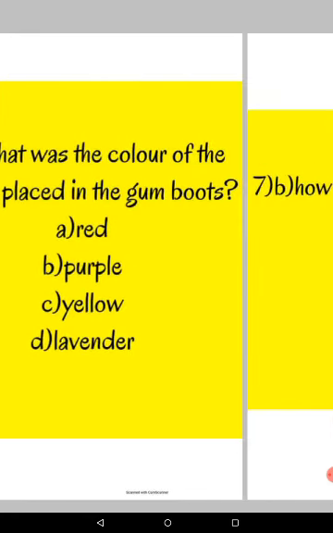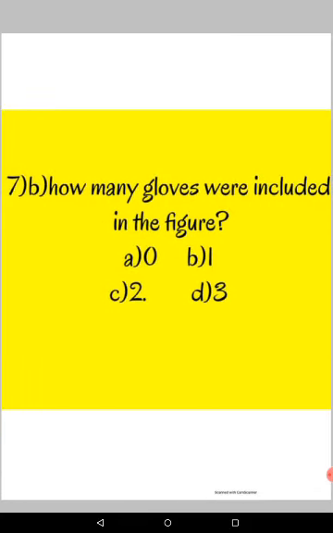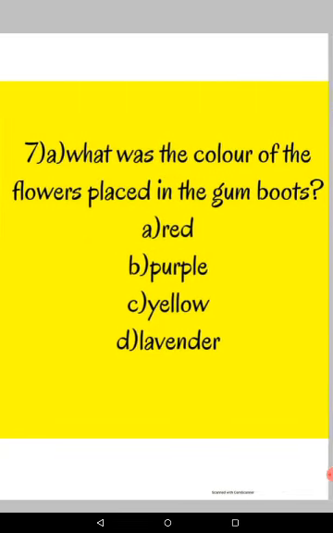Now, how many gloves were included in the figure? Actually, in the figure, most of the things are related to gardening items, flowers, etc. So we will not be observing the gloves in the figure.